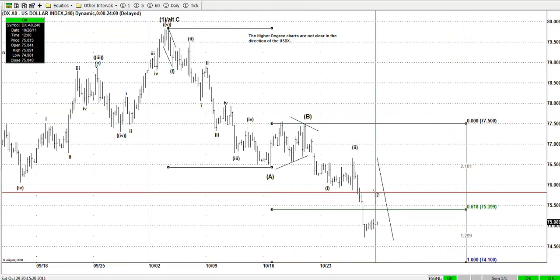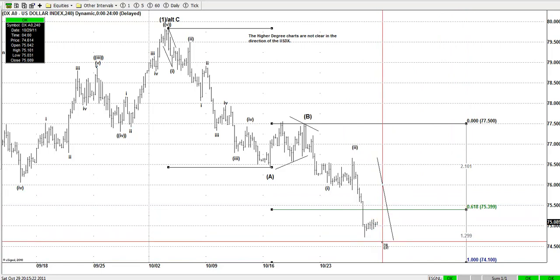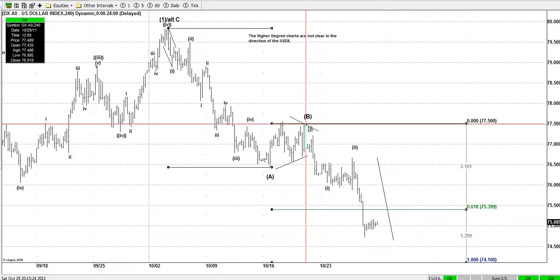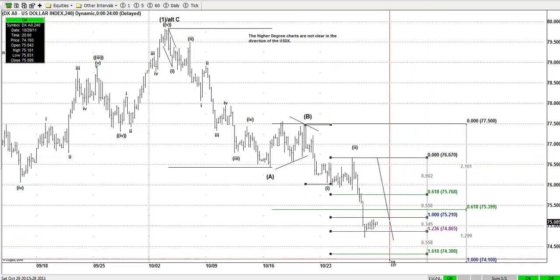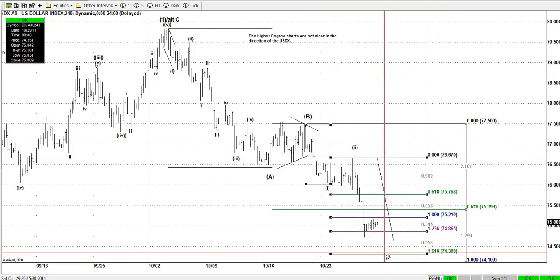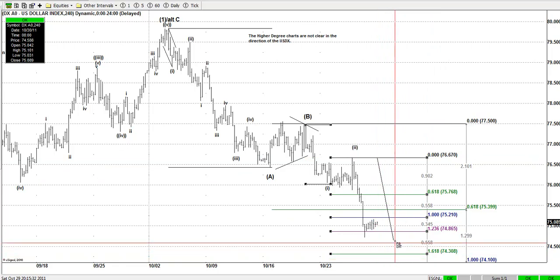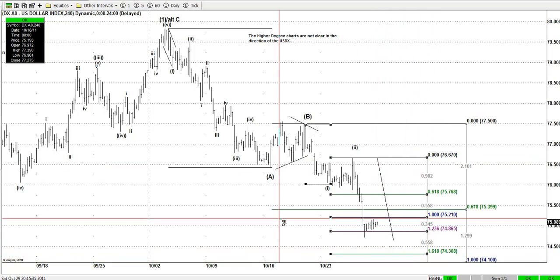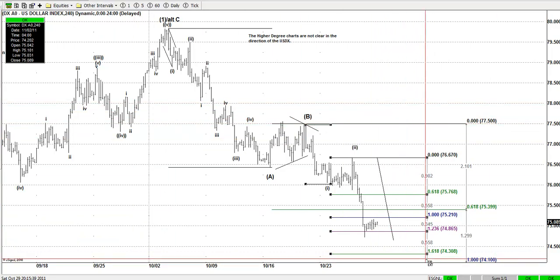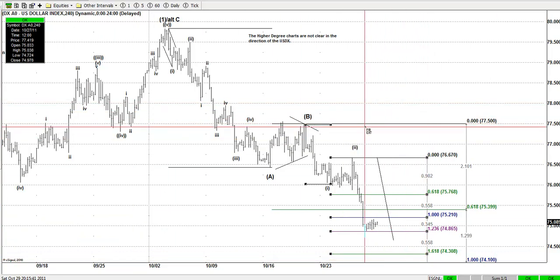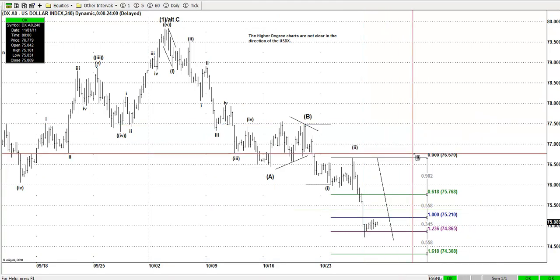We believe we are still within the wave 3, which should possibly end around 74.30, and then a 4 and a 5 to either 74.10 or 73.80. That's the message we want to send.